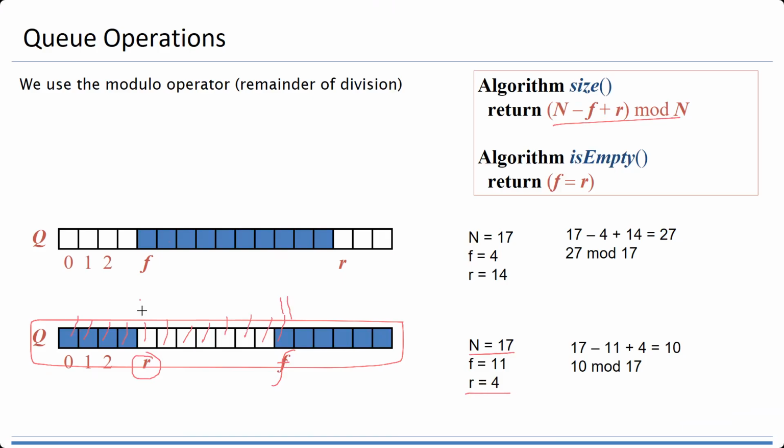The index of R is 4. Then using this formula, 17 minus 11 plus 4, you will get 10. 10 mod 17, the result is 10. So you can see we have 1, 2, 3, 4, 5, 6, 7, 8, 9, 10. The size of this queue is 10.